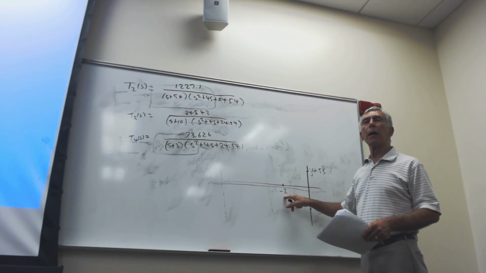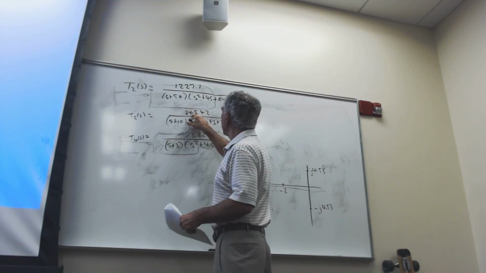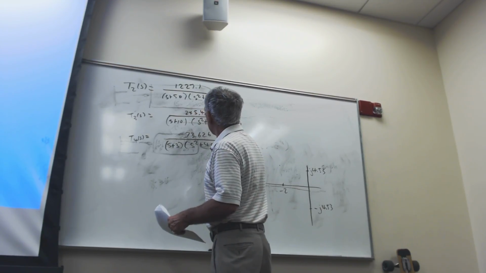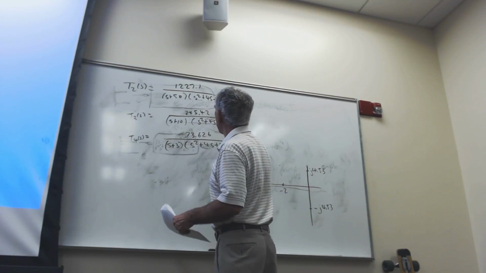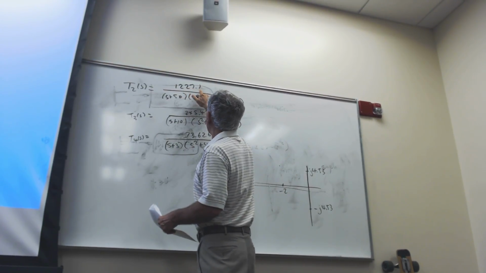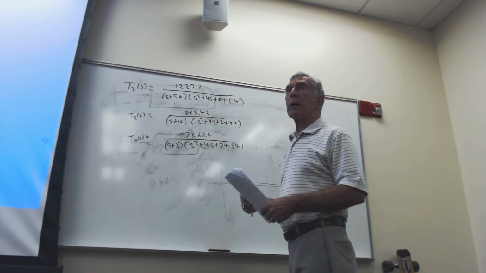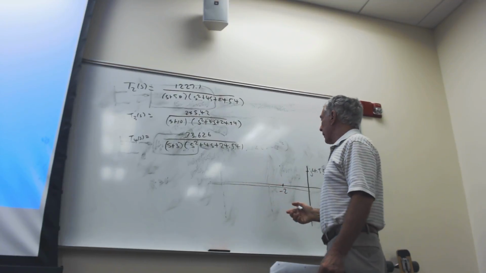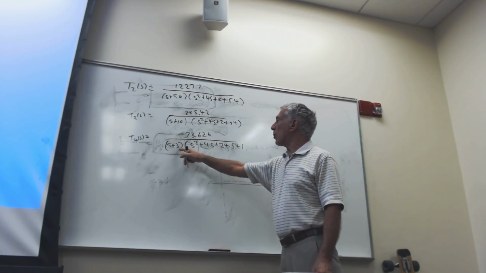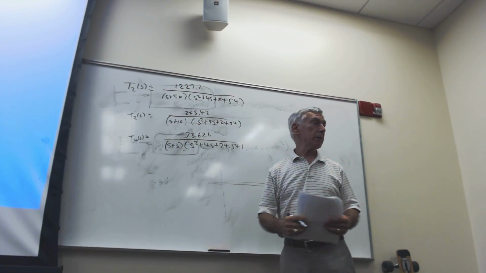The numerators are 245.42 for T3, 1227.1, and 73.626. Let's put down the poles and zeros. We have a pole at minus 3 here, so this is minus 2, and this would be minus 3.